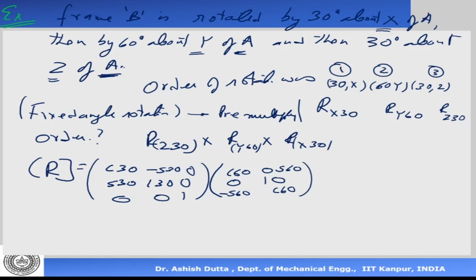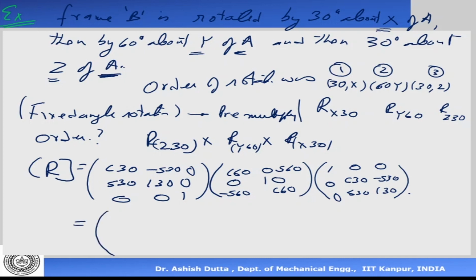Then we have the rotation about the x-axis by an angle of 30 degrees: 1, 0, 0; 0, cos 30, minus sin 30; 0, sin 30, cos 30. Okay, so it's only a question of putting in the values now.